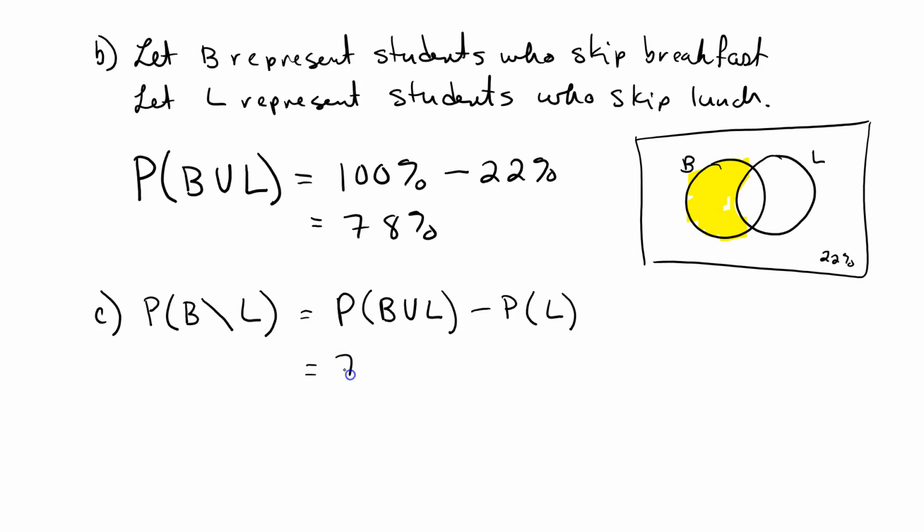So this one would be 78% minus 24%, and we're left with 54%. So 54% of the students in the population skip only breakfast.